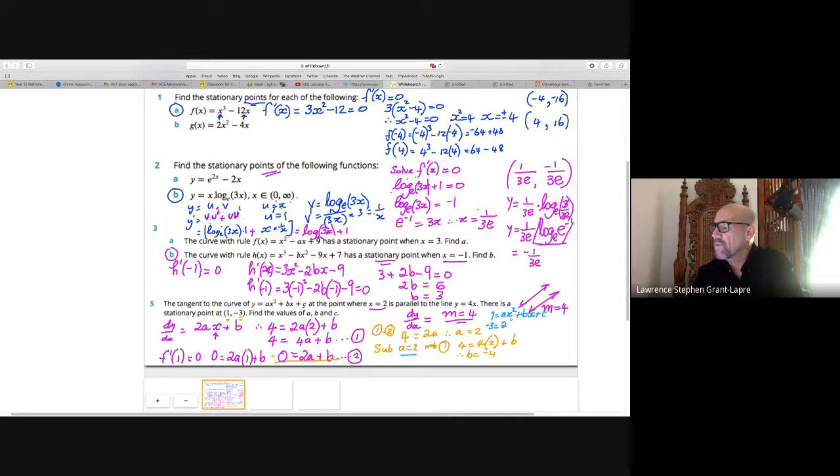So 2 times 1 squared, b is negative 4, so negative 4 times 1 plus c. So negative 3 equals 2 take away 4 plus c. So therefore, negative 3 equals negative 2 plus c, so c equals negative 1. And we can finish now, because a is 2, b is negative 4, c is negative 1.